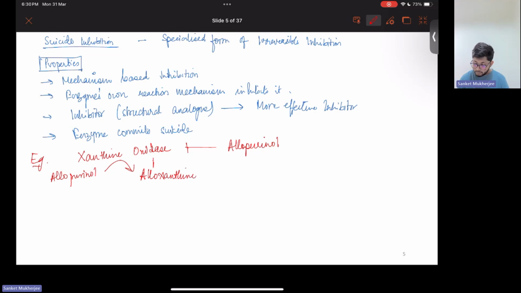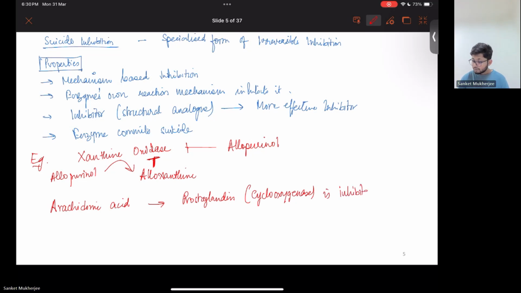And this is a more potent inhibitor of xanthine oxidase. It inhibits xanthine oxidase. Similarly, arachidonic acid to prostaglandin, cyclooxygenase is inhibited by aspirin.